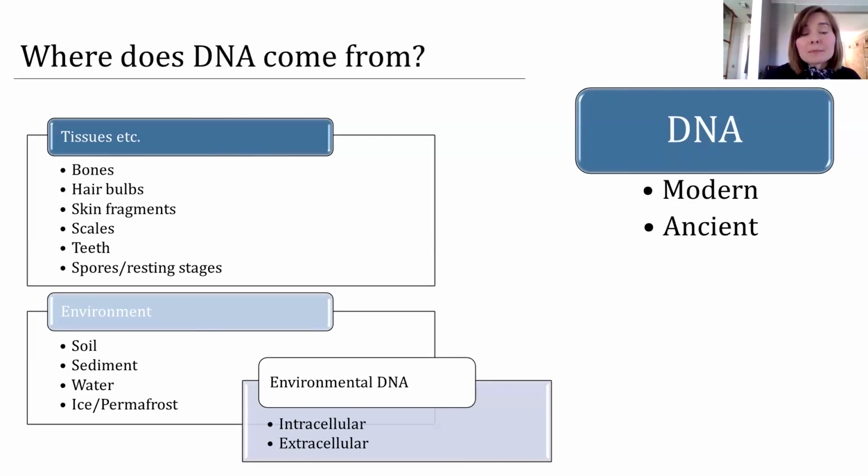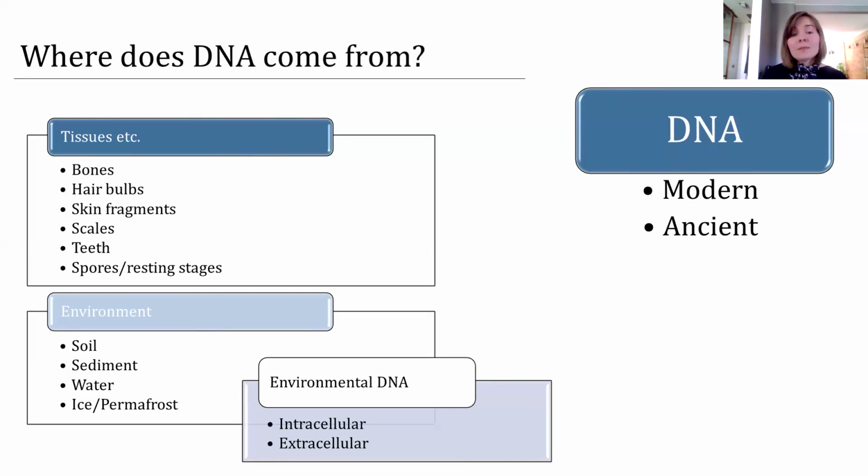Another type of DNA is environmental DNA. It's genetic material that can be obtained directly from an environmental sample, like soil, sediment, water, or ice. This DNA is quite a complex mixture of the DNA that is inside the cells of the organisms, so-called intracellular DNA, and also extracellular DNA.